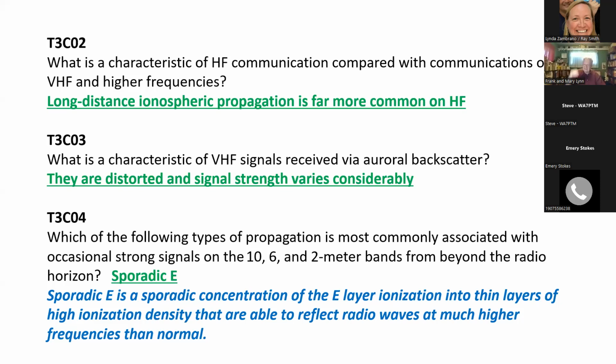And that acts like a mirror to VHF signals. So you send your signal out, it hits that aurora borealis, and it gets reflected. And what happens when you get multipath propagation, which is what this is? Your signals are going to get screwed up. So the answer is they are distorted and signal strength varies considerably.